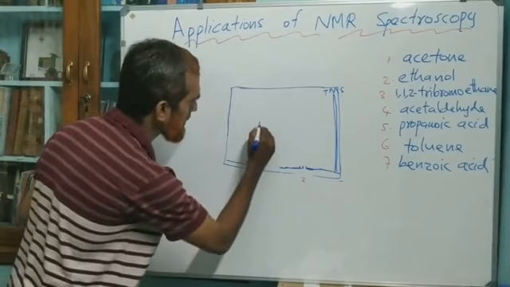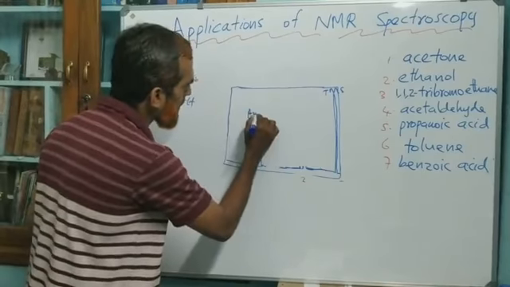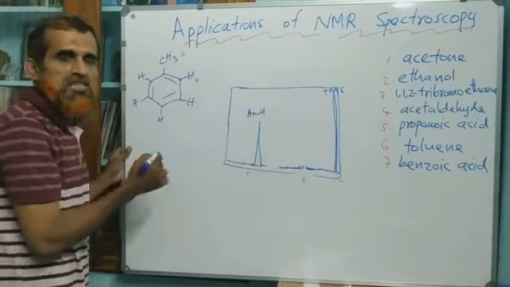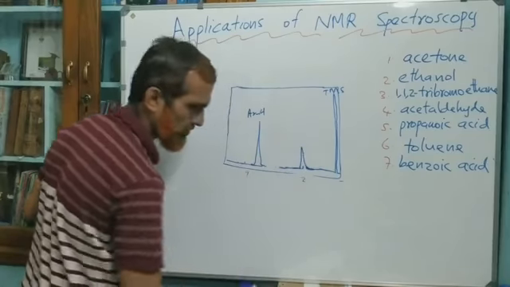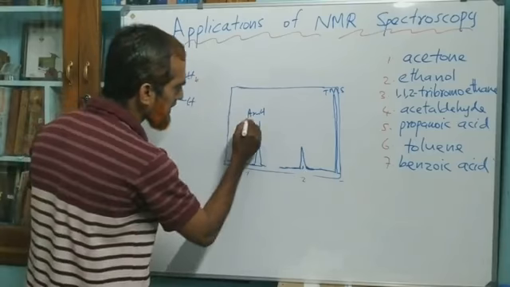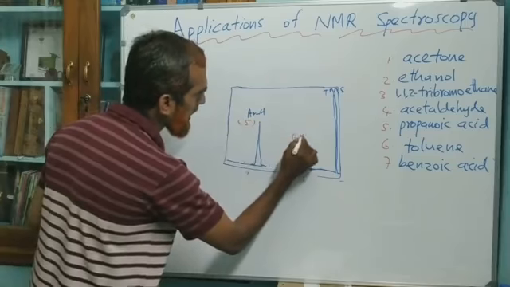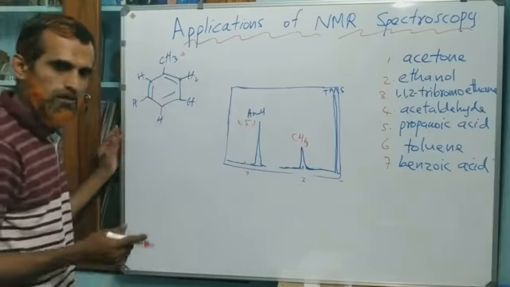You get a very large signal for this aromatic proton. Benzene protons, and CH3 at the benzylic position comes at 2 to 2.5 and you get another signal for 3 protons. So there are 5 protons here, and here it is CH3, that is 3 protons. So you can see the height difference.